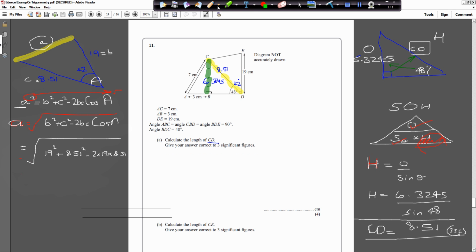Does that say plus 8.51 squared? Yes. And then we multiply that by cos of 42.